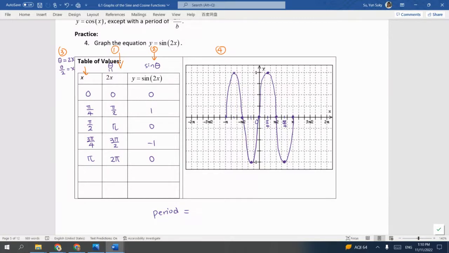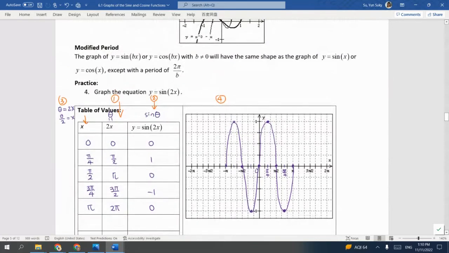So in general, if you have y equals sine bx or y equals cosine bx, your period will be 2 pi over b. b is the coefficient of x inside.